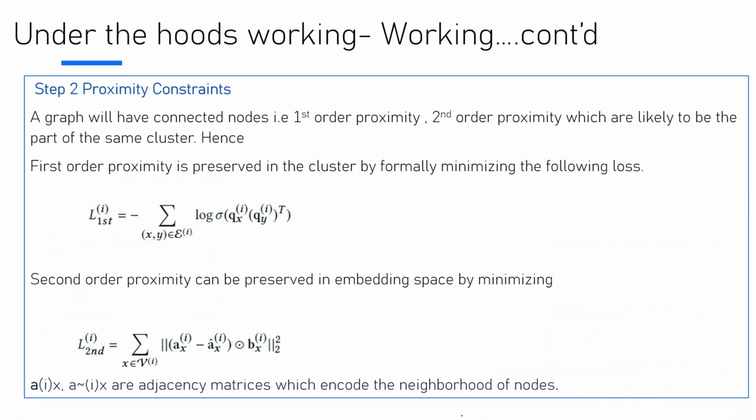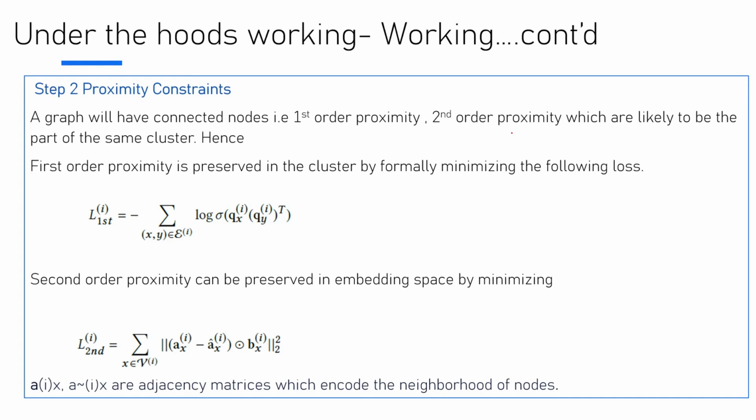Now, the next part is dealing with proximity constraints. I'm not going to talk too much about them. Typically, when you look at a specific graph, each node is going to have neighbor nodes, first order, second order, and there's a likely chance that if a node is connected to a set of neighbors, those neighbors would eventually be part of the same cluster as well.